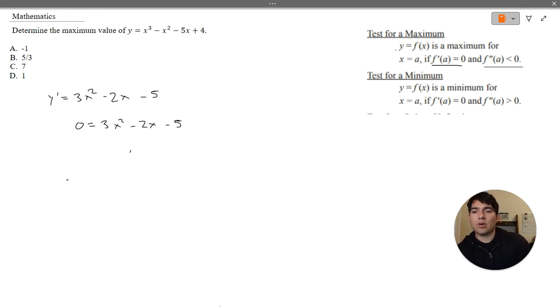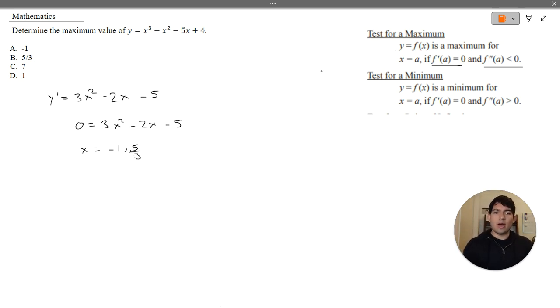And we're just going to solve for where x equals 0. You can use your calculator to solve for that, and you'll get that the x values for which the function is equal to 0 are -1 and 5/3.